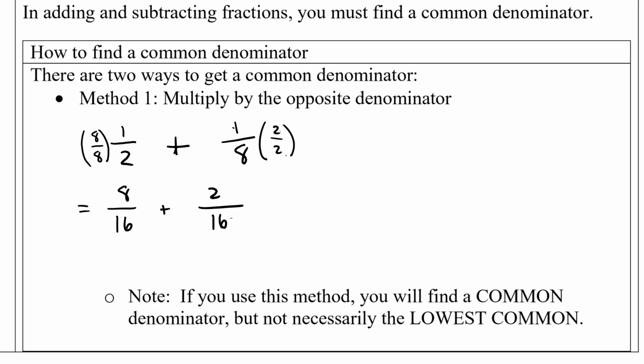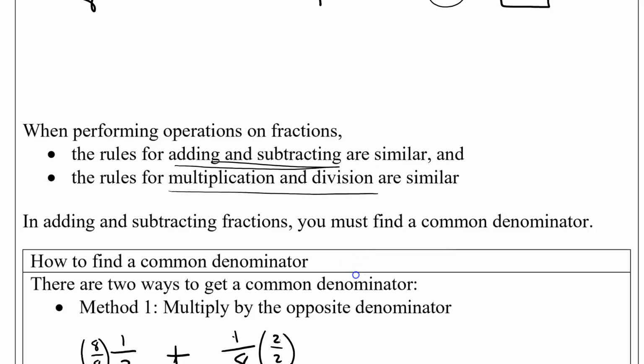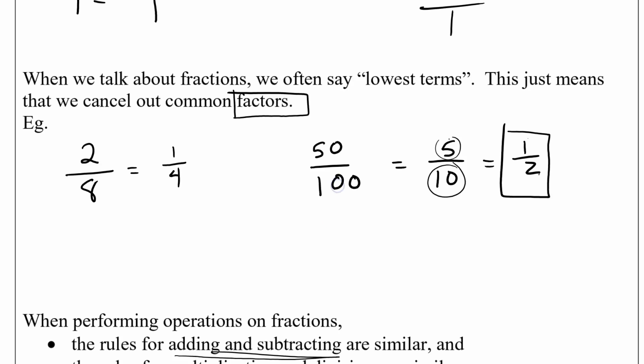But wait, what portion of 16 is that? Yes, 8/16 and 2/16. They're speaking the same language. So note, if you use this method, you will find a common denominator, but not necessarily the lowest common. So we'll need to use our sweet lowest terms skills to get the answer in lowest terms.